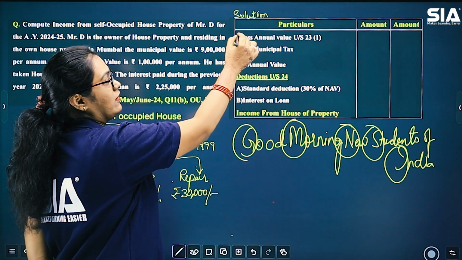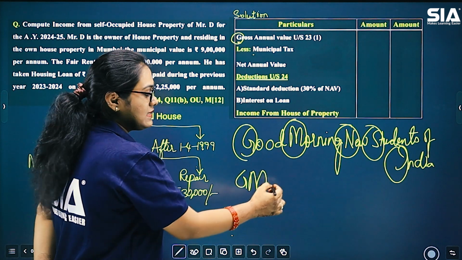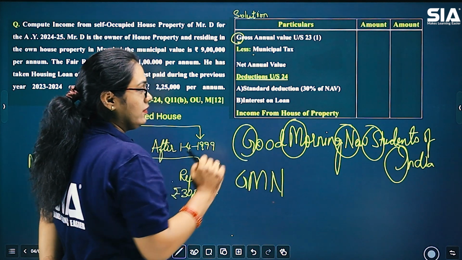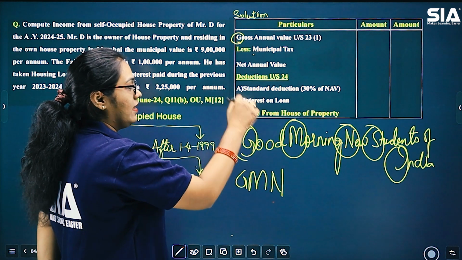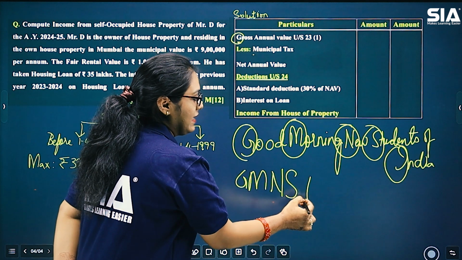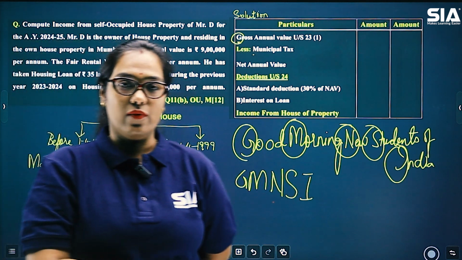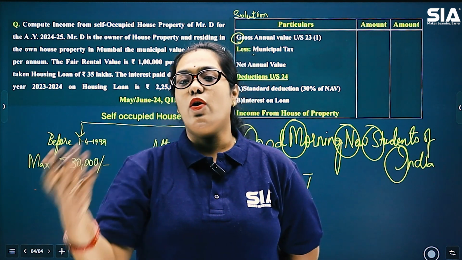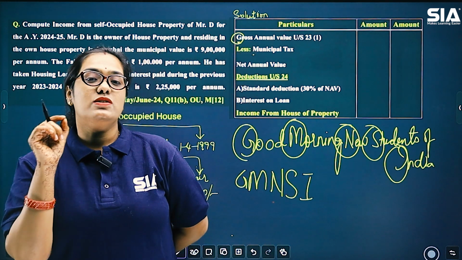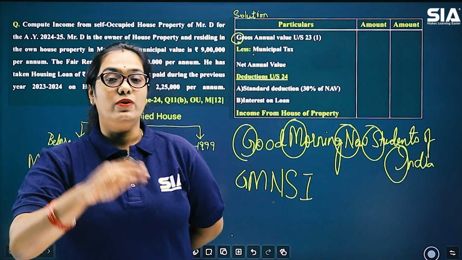So gross annual value stands for G, M stands for municipal taxes, N is your net annual value. Then there are deductions as S stands for standard deduction, I as your interest on loan. And the final answer is going to be either income from house property or loss from house property. So this is one simple way on how you can remember the entire pro forma for your third unit.